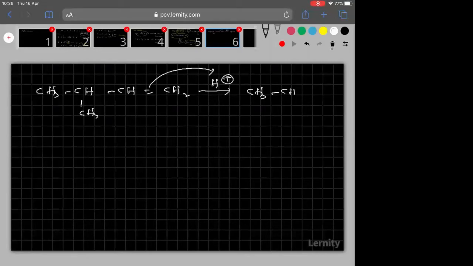Then we get CH3-CH(CH3)-CH-CH3, where this carbon gets the positive charge and finally hydrogen is bonded here. So this is the secondary carbocation. As I mentioned already, 3 plus 1, 4 alpha hydrogens are there in this one, according to hyperconjugation.